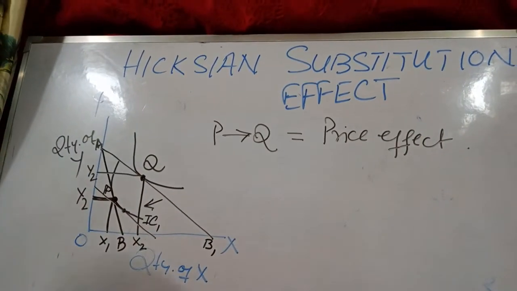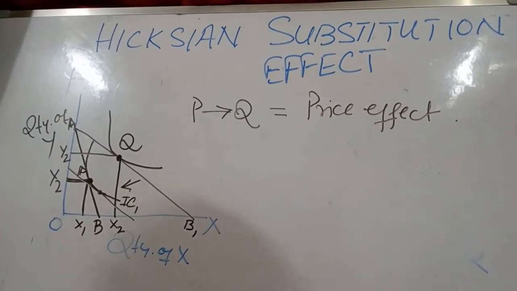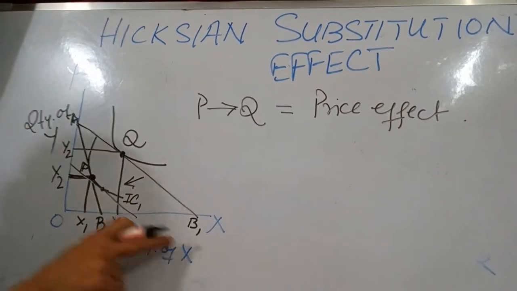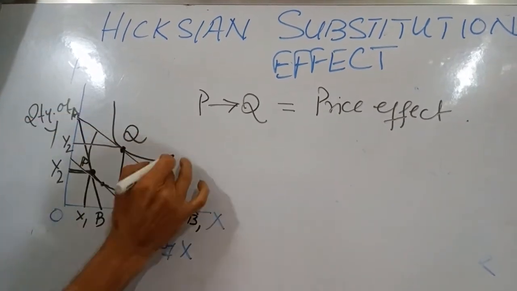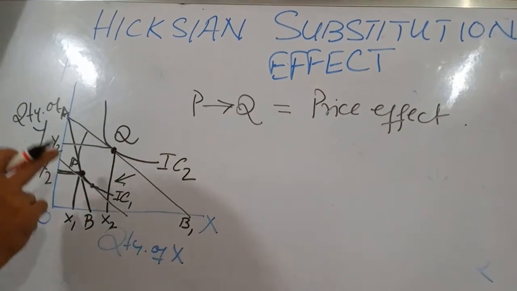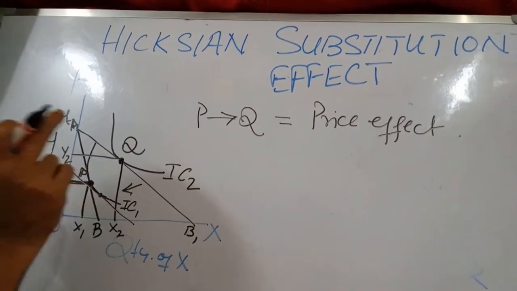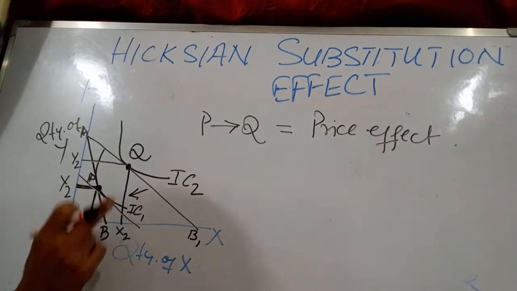Now, as a result of fall in price of X, without any change in price of Y and money income of the consumer, the new budget line is AB1 and the consumer moves to higher indifference curve IC2 and higher point of equilibrium Q. So this movement from P to Q, that is increase in purchase by X1, X2, is price effect.